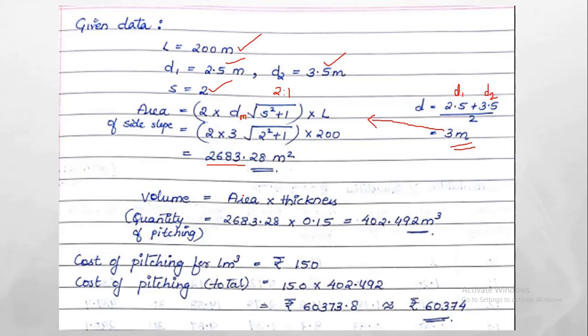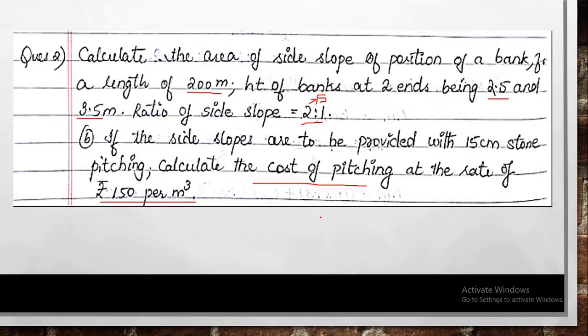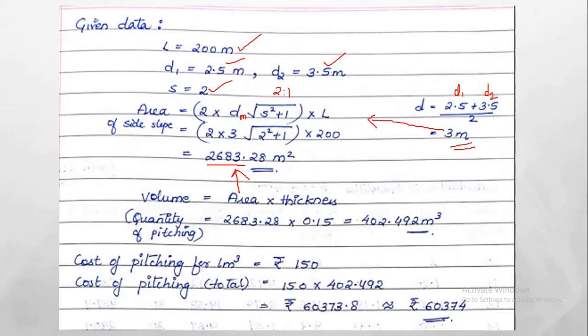So coming to volume, volume is equal to area into thickness. We have the area obtained from this step. Thickness is already given in the question, and the question mentions 15 centimeter stone, so the thickness is 0.15 meter. Always remember that we need to use one unit for the entire problem, and if given in another unit, you need to convert it.